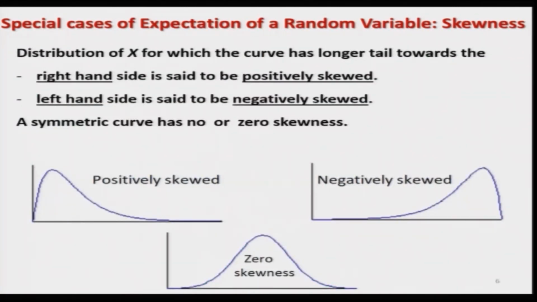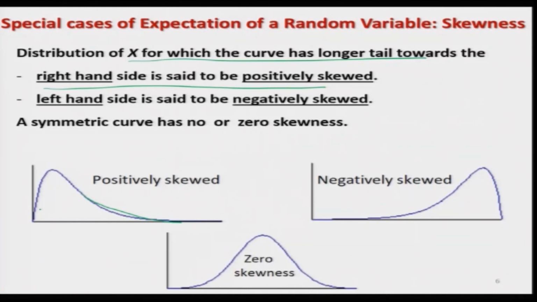So, now the distribution of X for which the curve has longer tails towards the right hand side, this is called as positively skewed. You can see here that there is a tail is here longer.